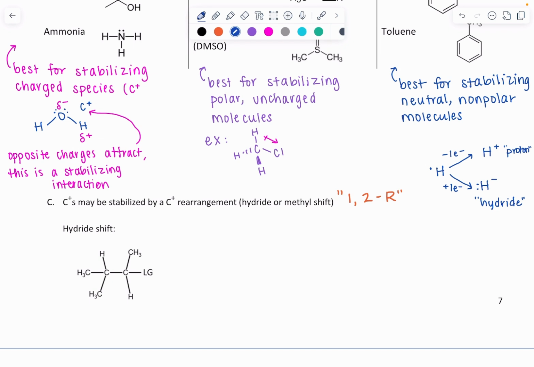So if we assume this reaction goes through an SN1 reaction, first the leaving group leaves, and then we generate the carbocation.